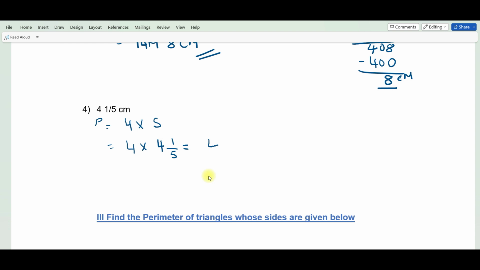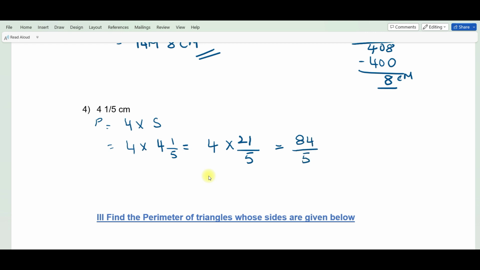To convert this to an improper fraction, I multiply 5 into 4, which gives me 20, and I add 1 to it. I get 21 on 5. Now I simplify this way. So 4 into 21 will give me 84 divided by 5.